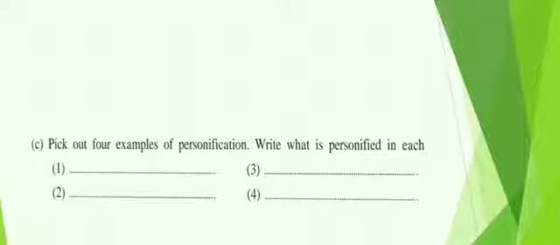So, from the poem, you have to find out 4 examples where a dead thing or object or something that is not alive is being given the human quality.